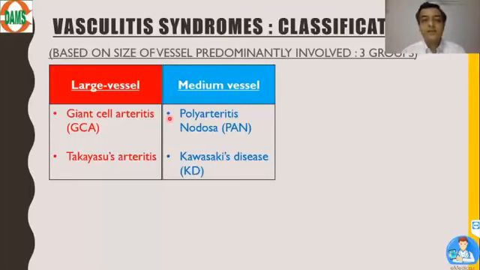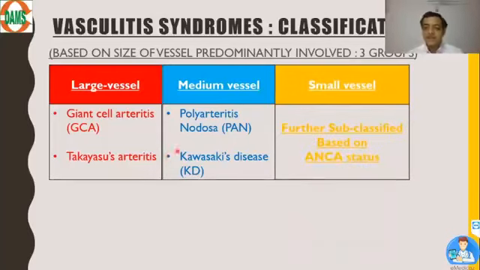Because Kawasaki's disease affects the pediatric population, so it is covered in the pediatric class. We will not overlap and create confusion; keep only one source in the class. So polyarteritis nodosa we are going to discuss. Another medium vessel example is Kawasaki's disease.